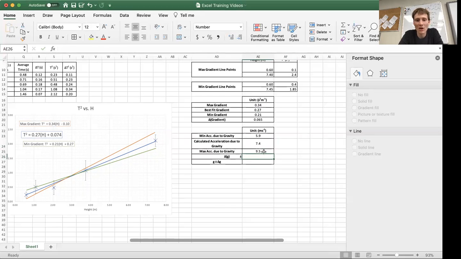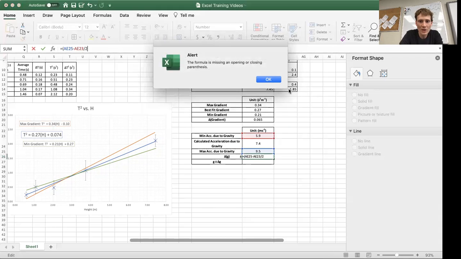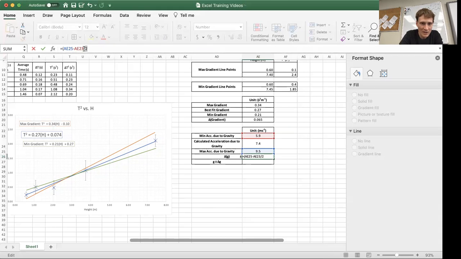My uncertainty on the value of g is then equal to my max minus my min, divided by 2, and that gives me my raw uncertainty, or my absolute uncertainty, on my value of g, okay?